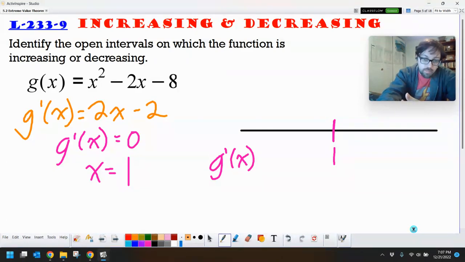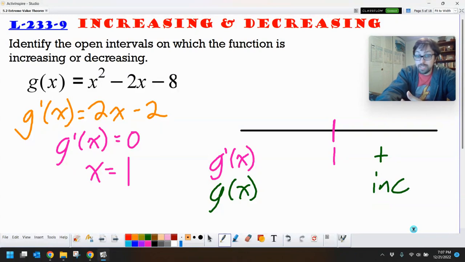If I plug in some number that is bigger than 1, then I'm going to get some big positive value right here, minus 2. That's still going to be a positive value. So this will be positive, and g of x will be increasing since the derivative is positive. If we plug in some number, I'm going to do 0 because that's easy.